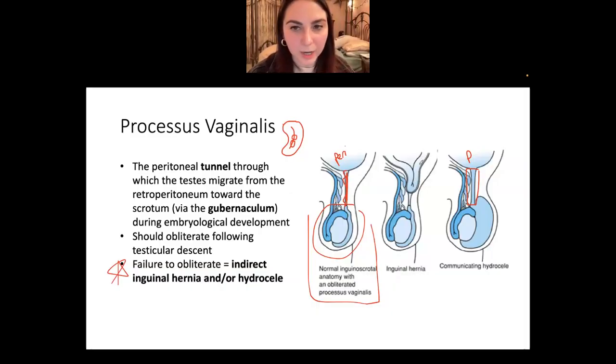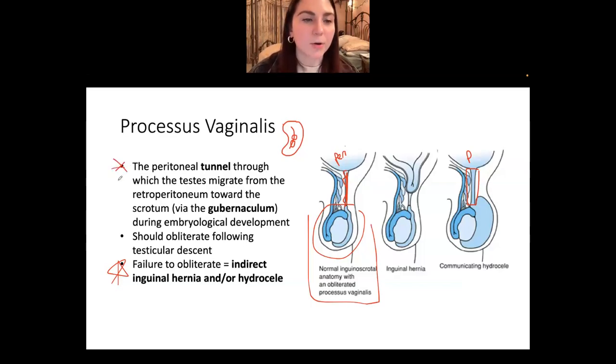Your intestines are able to herniate through where the processus vaginalis is, and now you have bowel in the scrotal sac. That's an indirect inguinal hernia. So if it doesn't obliterate, it increases the likelihood that you'll get either an indirect inguinal hernia or a hydrocele.